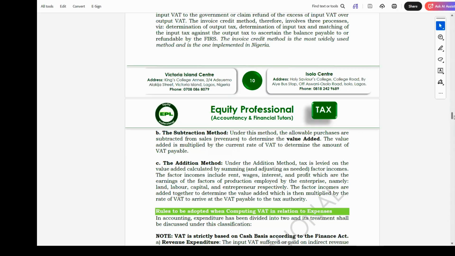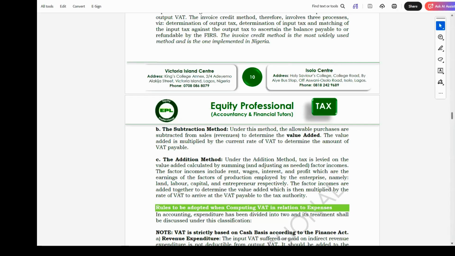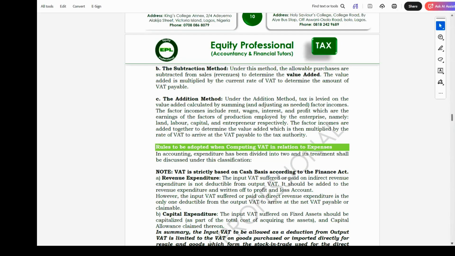It is only when the examiner specifically asks you to use them that you will use them. But if an examiner asks you to calculate value added tax, you are expected to make use of the invoice credit method, because that is the method we adopt in Nigeria. So those are the three methods of calculating value added tax.